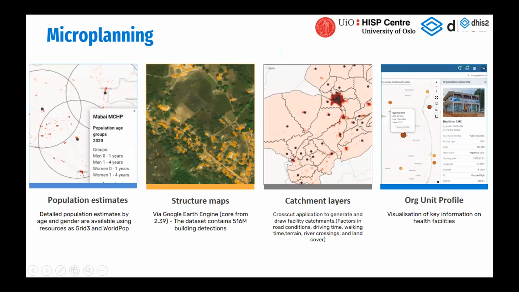So it could be, for example, whether it's a vitamin A distribution or an immunization distribution, or, for example, trying to map your structures, or in general trying to capture the catchment layers, so you can actually understand where your population is and how it concentrates in the different areas that you're trying to target.